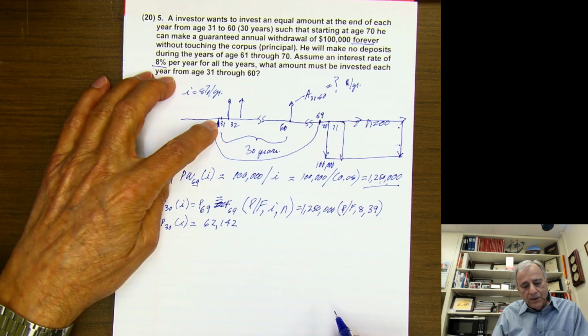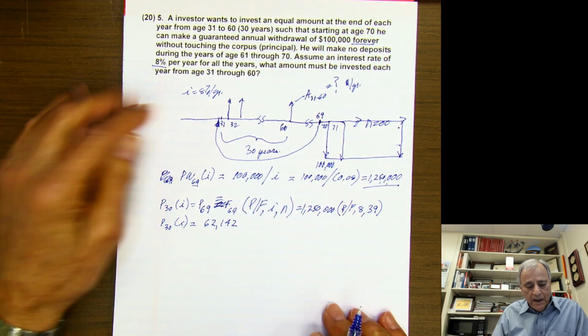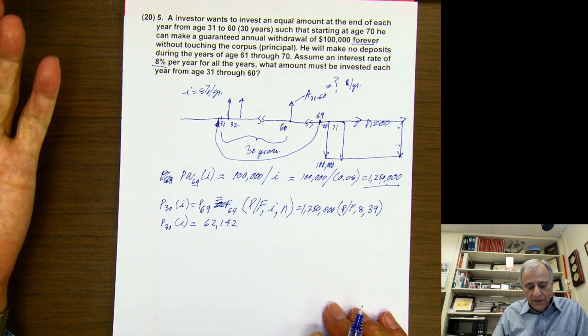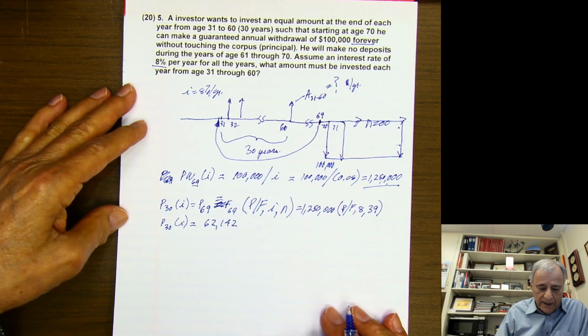That's the present worth of this A series now. And now I can just convert a P to an A. I know how to do that.